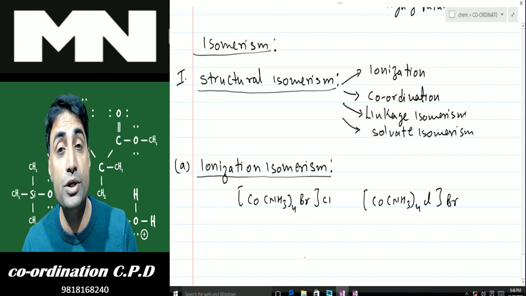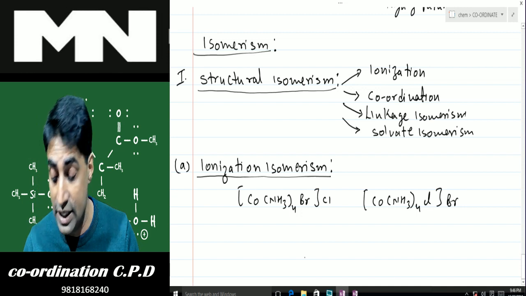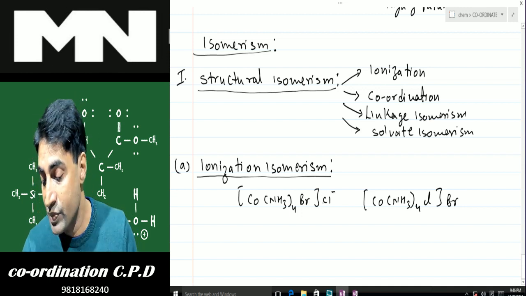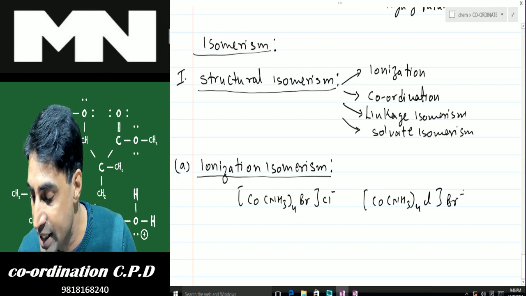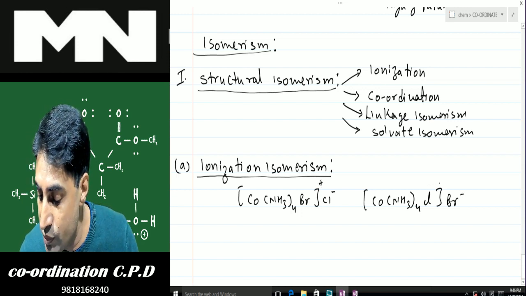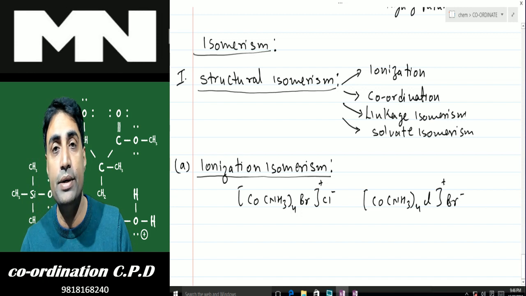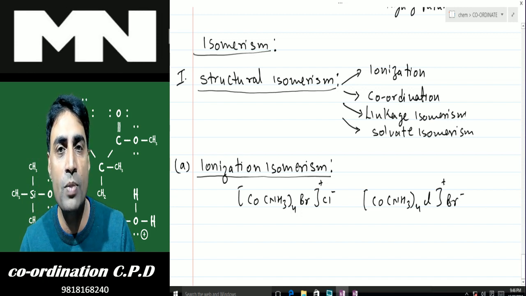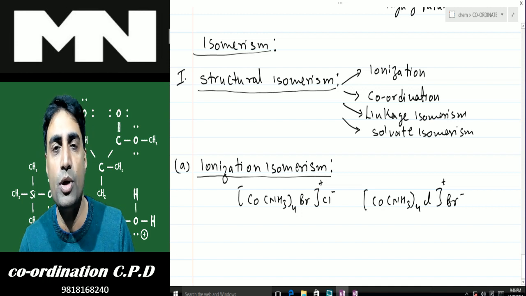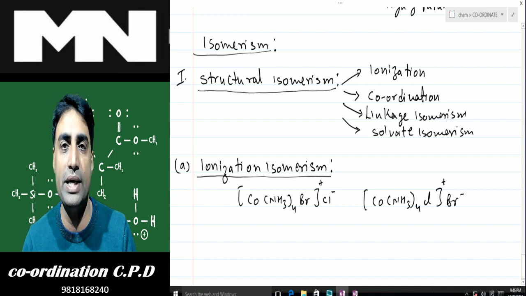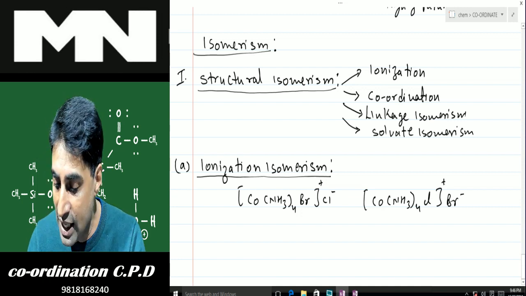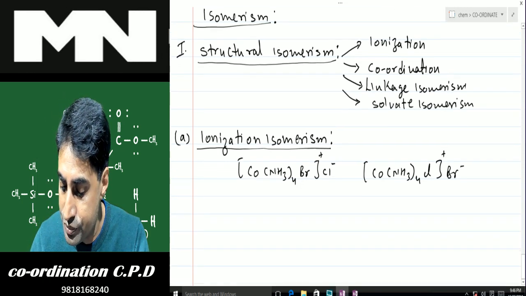The first one, when dissolved in water or when it undergoes ionization, will give you Cl negative ion, whereas the second one will give you Br negative ion. So the first one will give you a test for chloride, whereas the second one will give you a test for bromide. So coordination compounds having the same molecular formula but giving different products on ionization are known as ionization isomers, and this phenomenon is ionization isomerism.